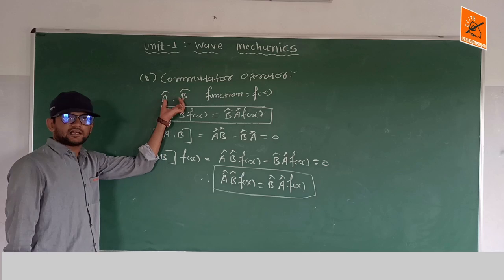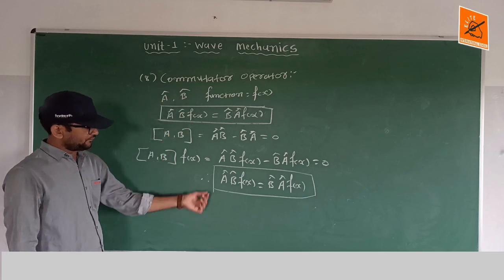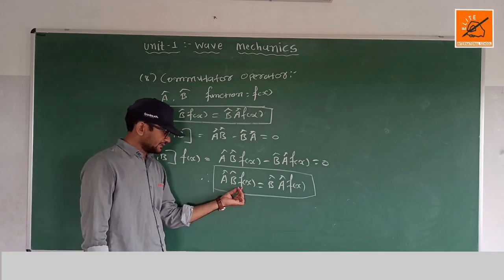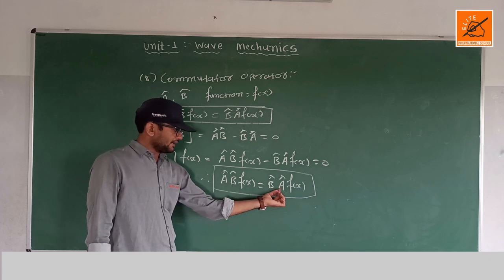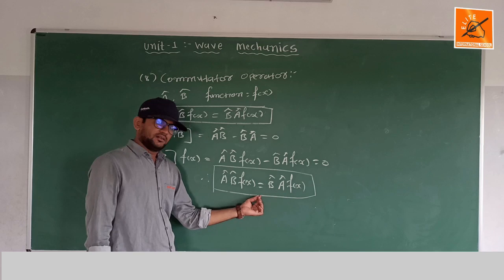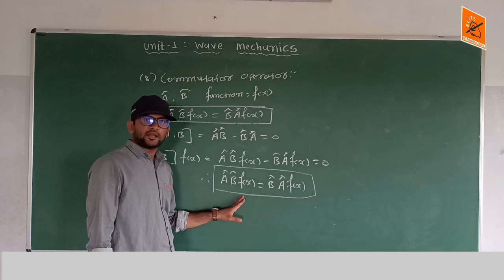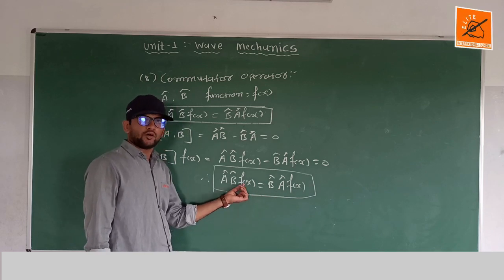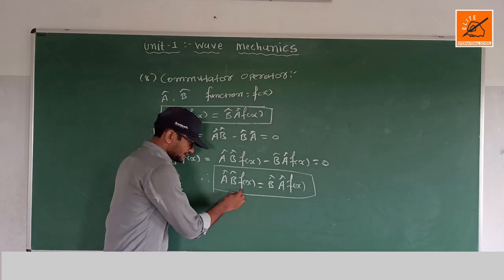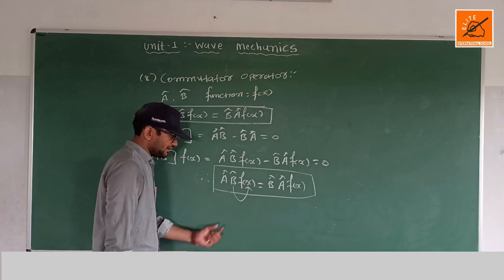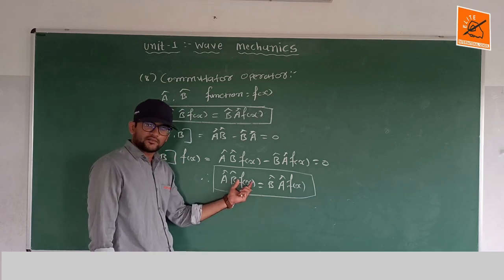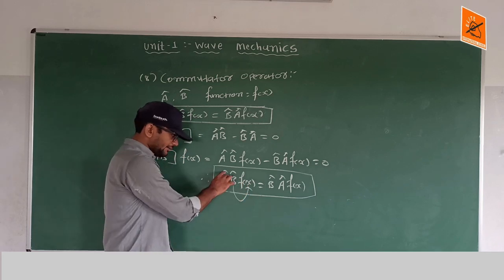If two operators commute, then they follow this condition: a cap b cap f(x) is equal to b cap a cap f(x). It means the result does not depend on the sequence of operation. Here, f(x) is first operated on by operator b cap, which gives another function that is further operated on by a cap.